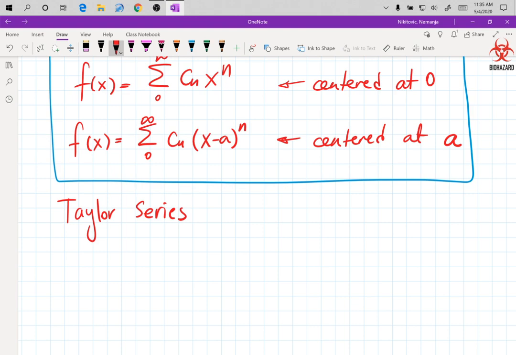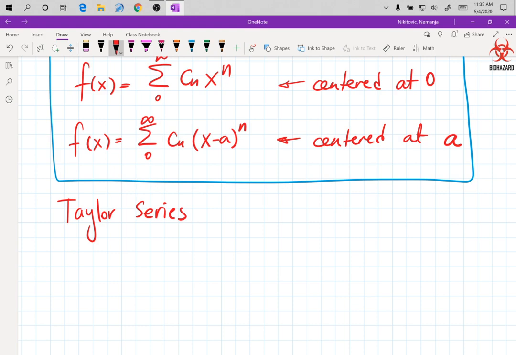There are Laurent series, Fourier series. There are a whole bunch of series that are out there in the world. And we are going to take a look at the basic Taylor series, where these coefficients Cn are given by the formula that computes from the derivative and from the factorial.